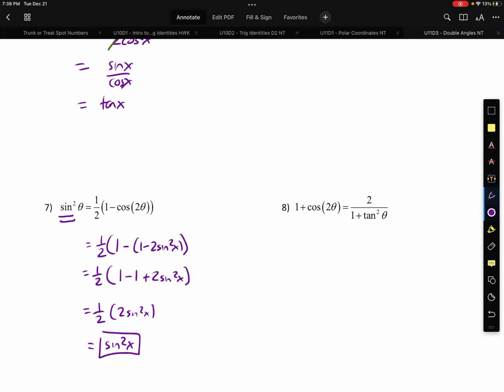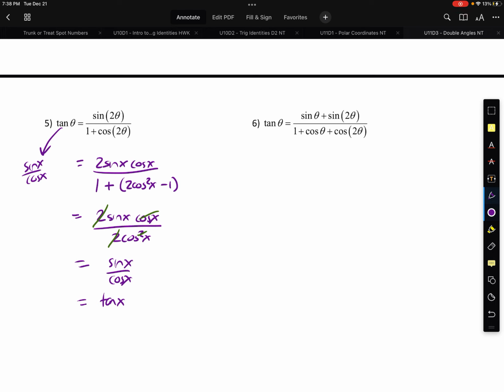Alright, I'm going to do 6 just because I'm sitting here and I might as well. Alright, so I got sine x plus 2 sine x cos x over 1 plus cos x plus what? So here we are in that predicament again. Well, I'm looking at this, and tan is sine over cos.